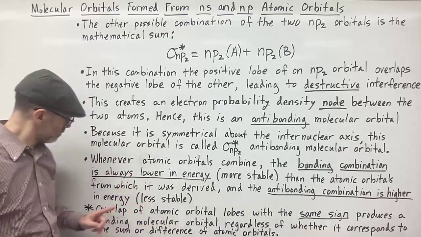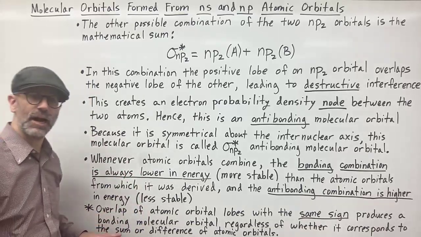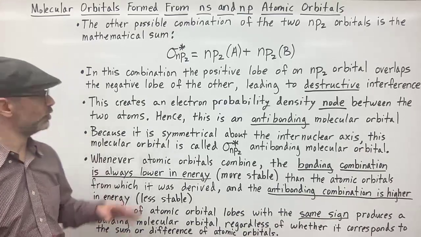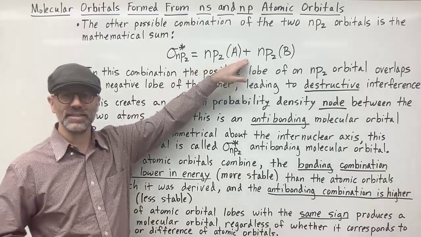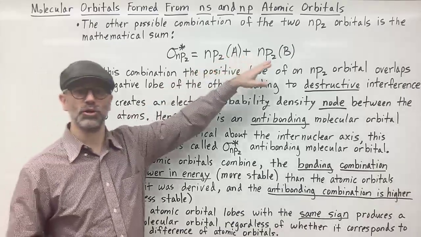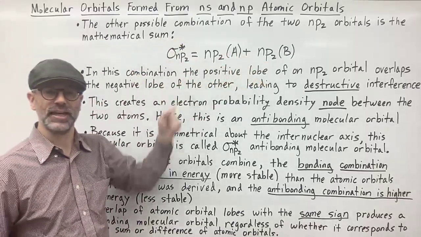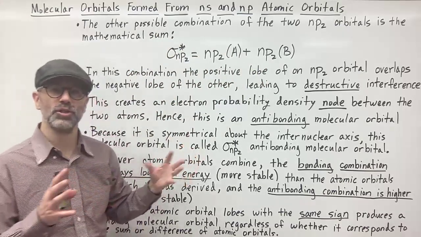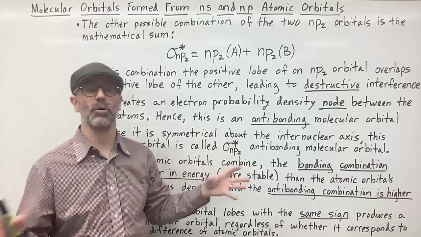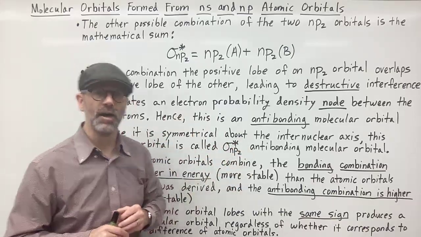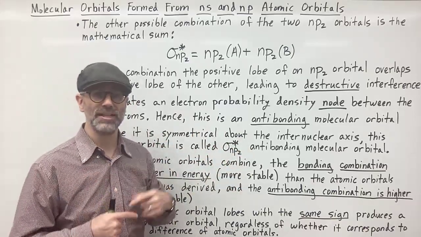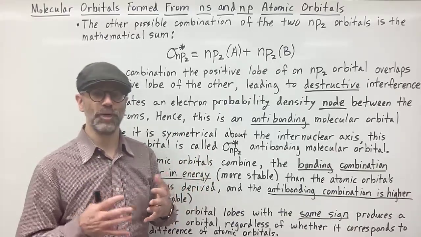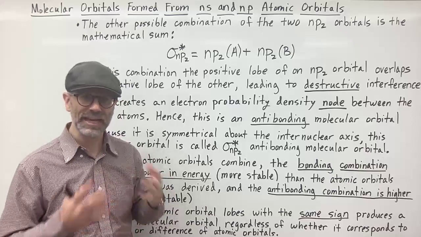Okay, now an important note here that I want to make is that this is kind of a little bit confusing because we're talking about the sum. In this case, the sum of the orbitals gives rise to the antibonding sigma orbital. Before, when we were doing the s atomic orbitals overlapping, it was the sum that gave rise to the sigma bonding orbital, and it was the difference that gave rise to the antibonding orbital.